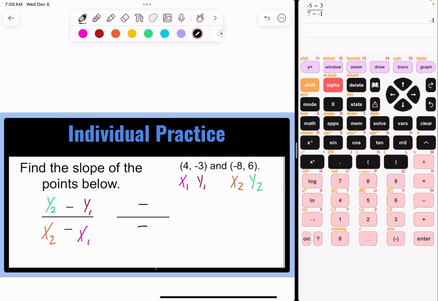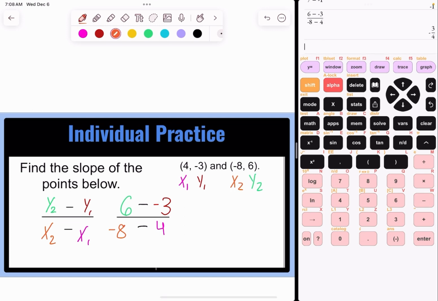We're subtracting. Our second y is 6. Our first y is -3. So here we're doing 6 minus -3. Okay. On top, we're doing 6 minus -3. Then on the bottom, we're going to be doing -8 minus 4. -8 minus 4.